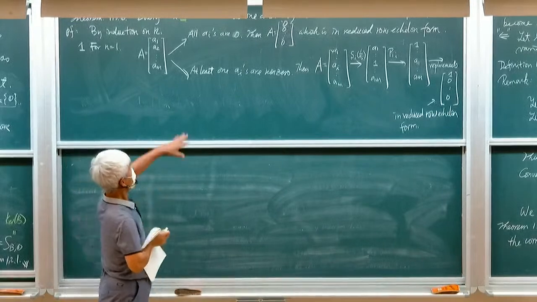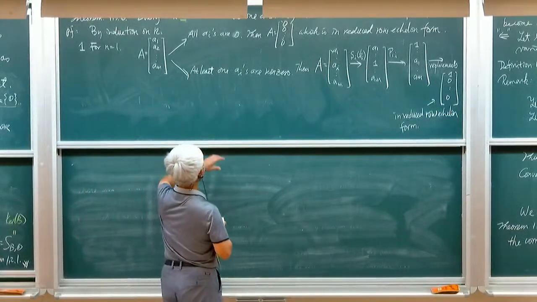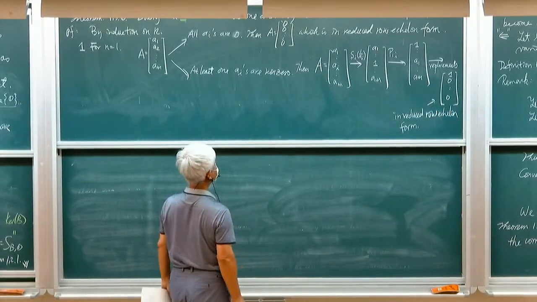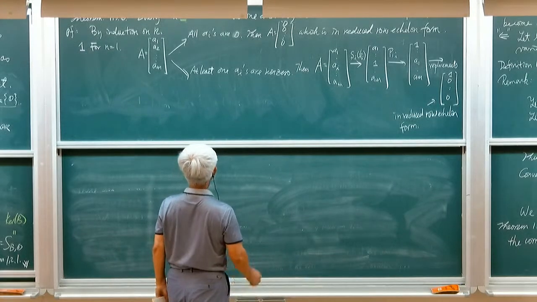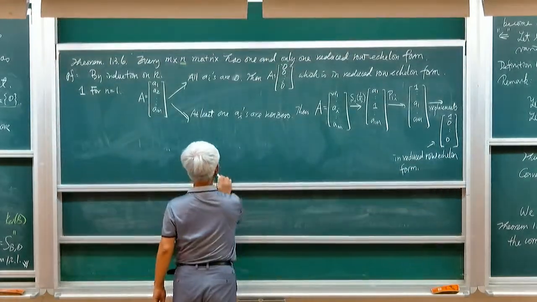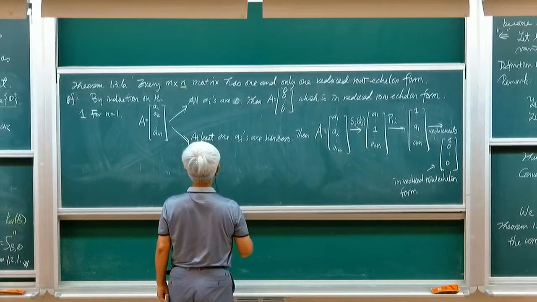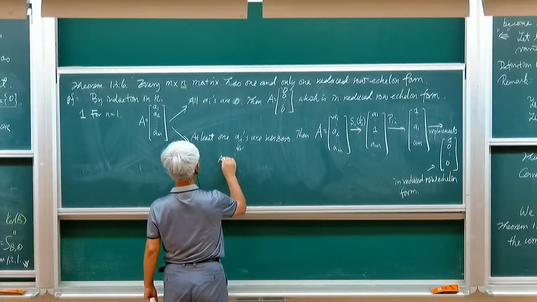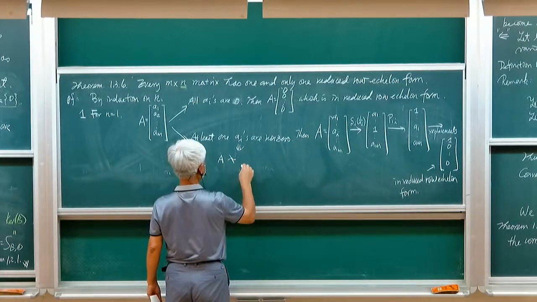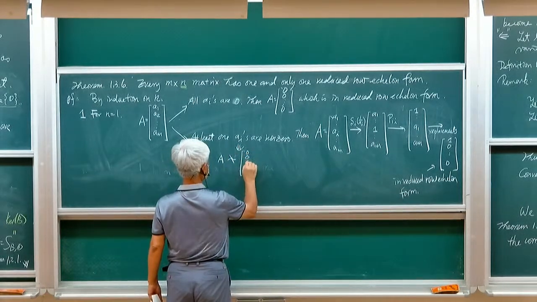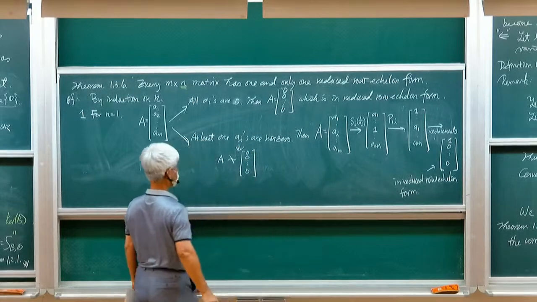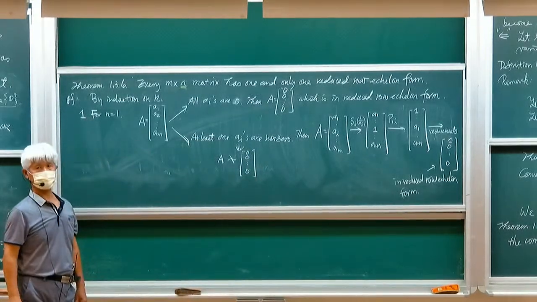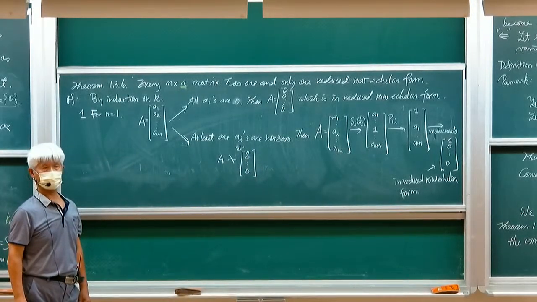Also, this implies that A cannot go to all 0. Why?